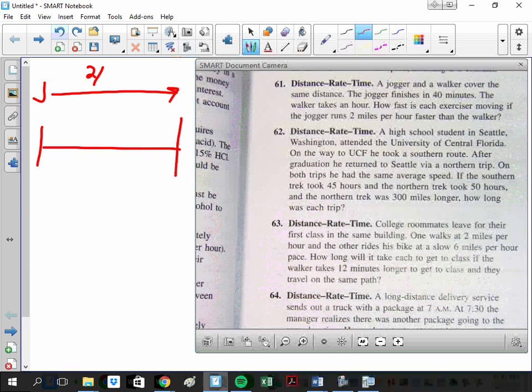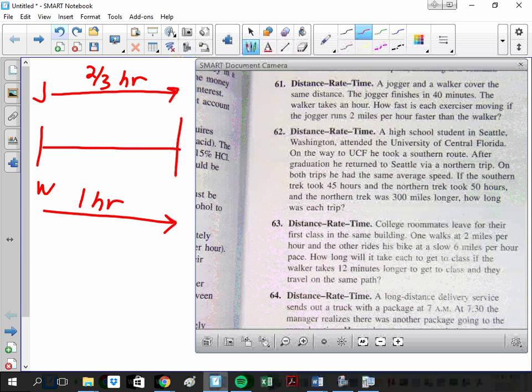So 2/3 of an hour. And the walker finishes that same thing in 1 hour. How fast is each moving if the jogger runs 2 miles per hour faster than the walker? So what would we pick as our variable?